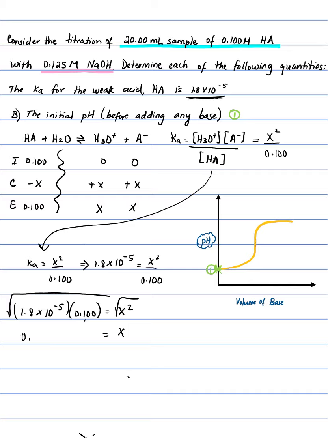So I'm going to put the X value is the same as concentration of hydronium from your ICE table.